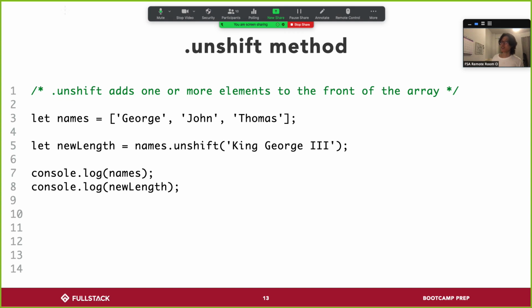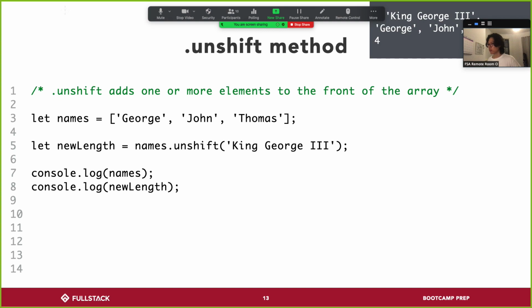So yeah, pretty intuitive here. We're just adding King George in the front, and new length will be, I guess, 4. Mm-hmm.